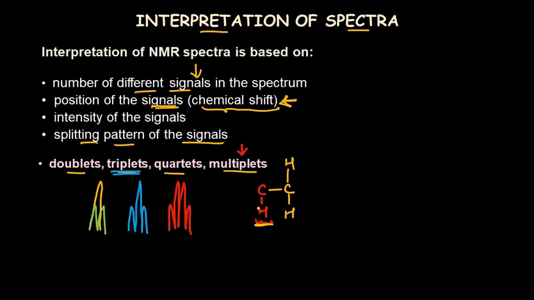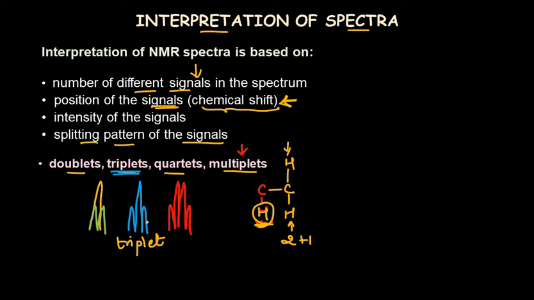For example, here this hydrogen is going to produce a signal, but its splitting depends on the number of hydrogen atoms on the adjacent carbon. So suppose the adjacent carbon has two hydrogens, so the splitting of this particular hydrogen is going to be 2 plus 1. So this hydrogen is going to produce a triplet, as I have shown here.